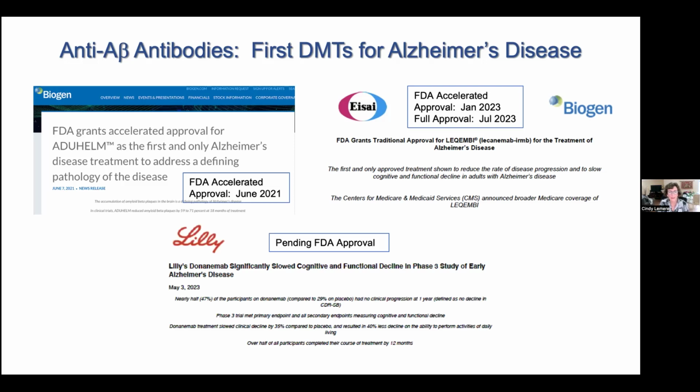And then lastly, Eli Lilly has shown recently very nice phase 3 clinical trial data showing strong effects of plaque lowering and slowing of cognitive decline. And this antibody called donanemab, which is against pyroglutamate-3 beta amyloid, is pending FDA approval.